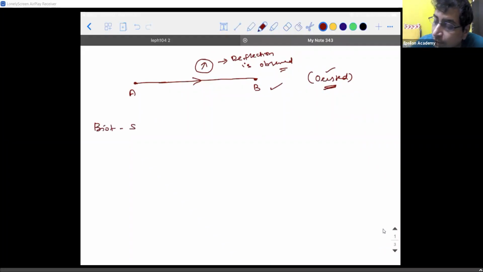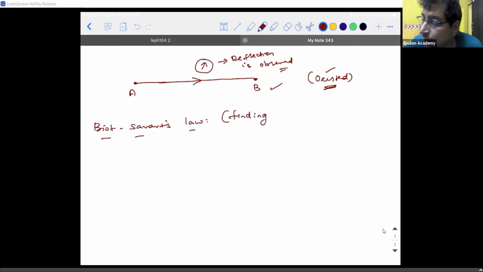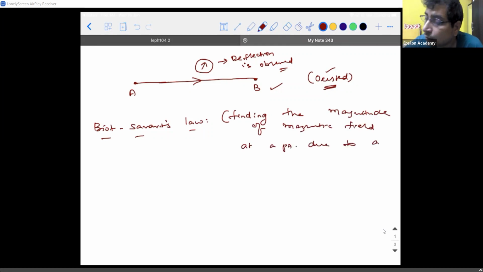This law speaks about finding the magnitude of magnetic field at a point due to a current carrying conductor. Finding the magnitude of magnetic field at a point due to a current carrying conductor is what is done by this Biot-Savart's law.